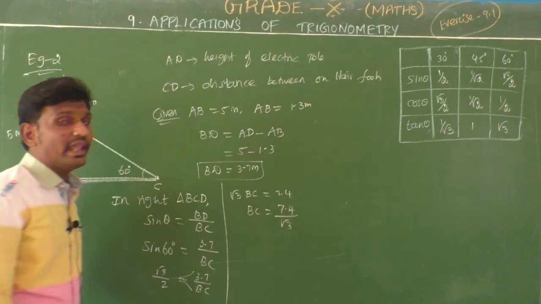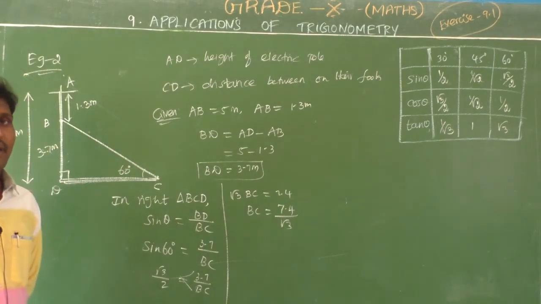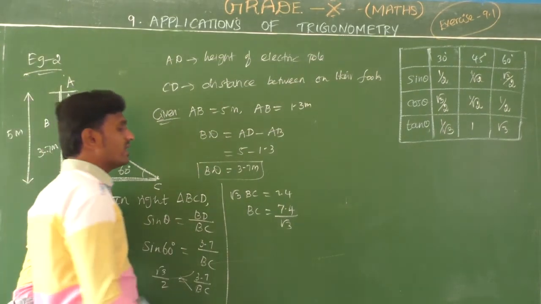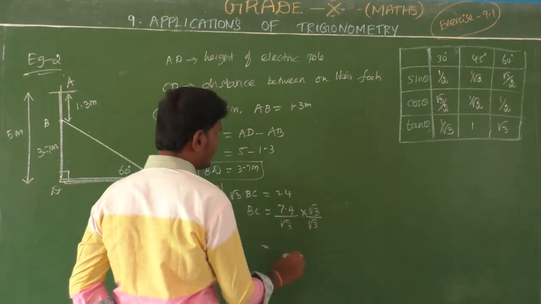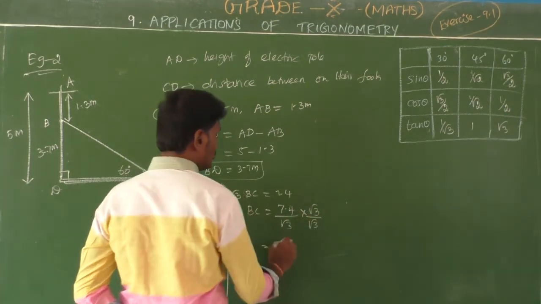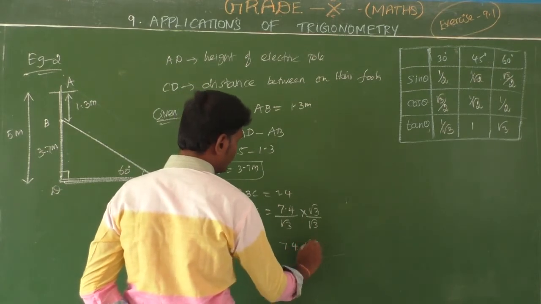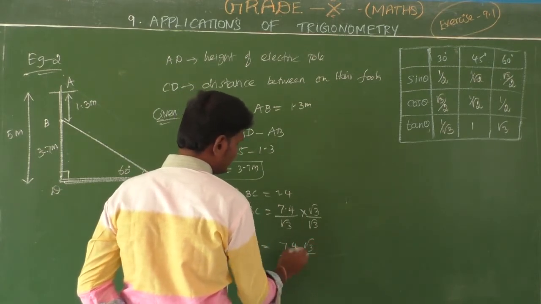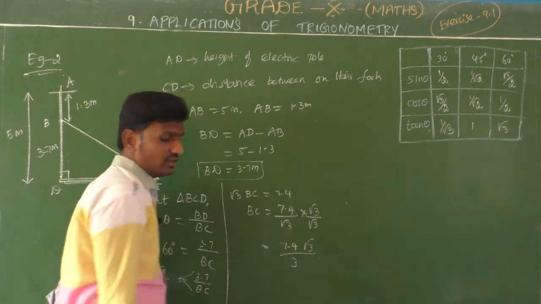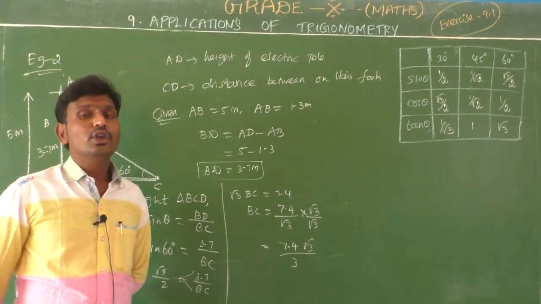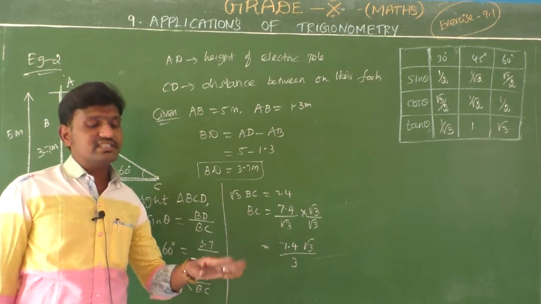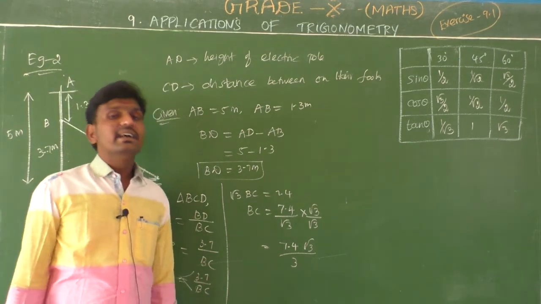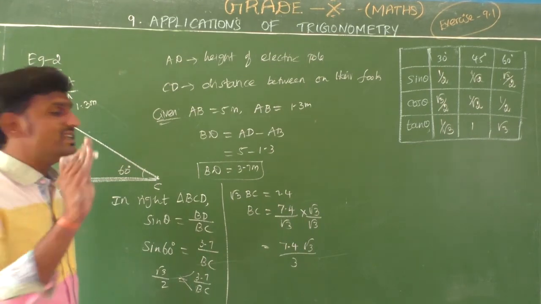Now to rationalize the factor, multiply root 3 on both numerator and denominator to get 7.4 root 3 by 3. Now, see, in the given question itself they have given: use root 3 equal to 1.73.